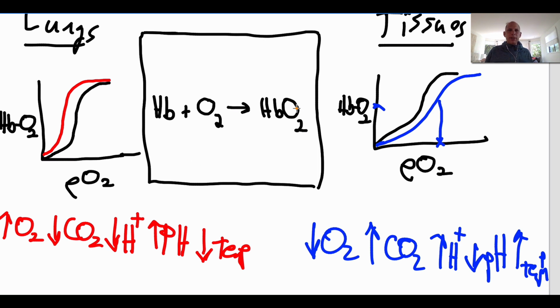And the idea is pretty simple. If you add an ingredient, so let's say the amount of oxygen went up, like in the lungs, then the reaction is going to shift to relieve that strain. So if you added a bunch of oxygen, the reaction is going to shift in this direction to get rid of that oxygen and bind it to the hemoglobin.